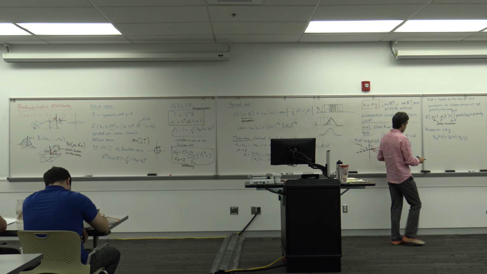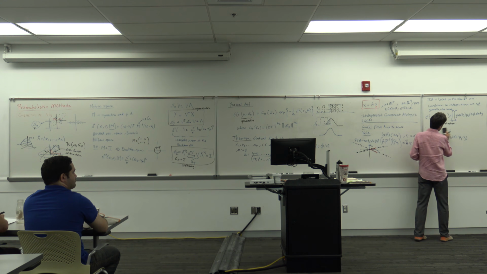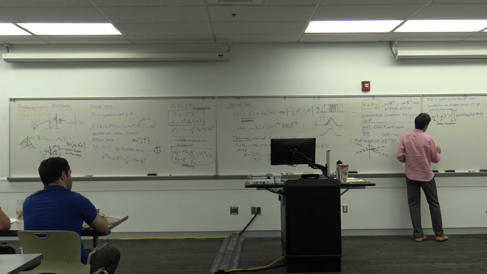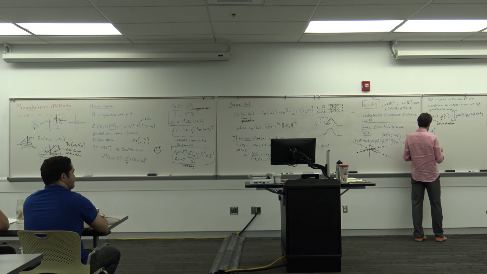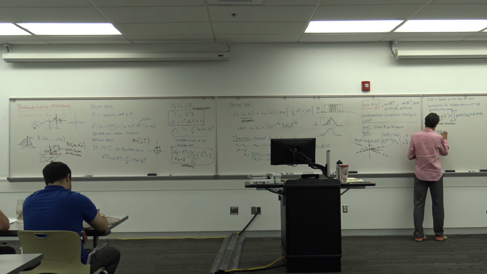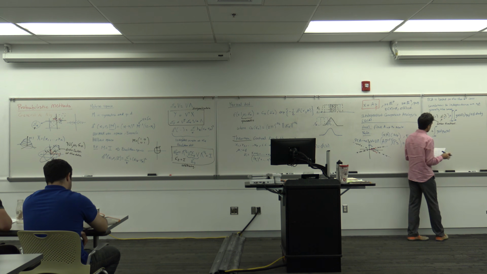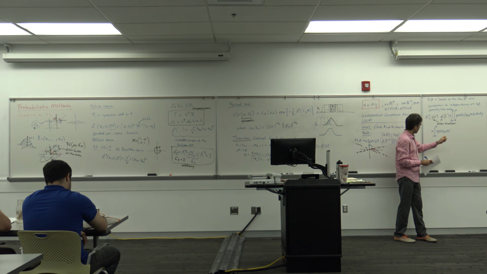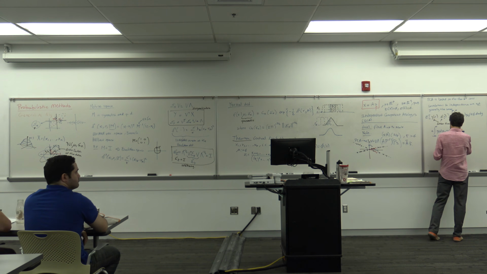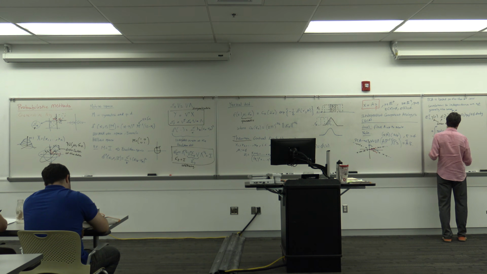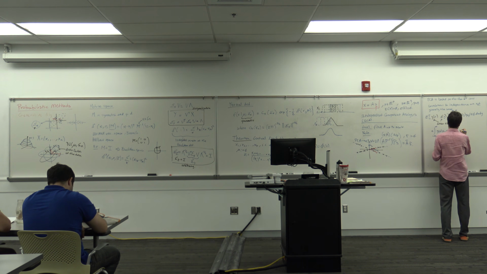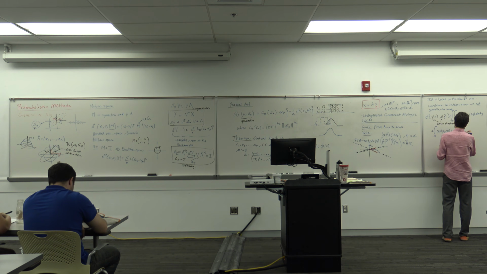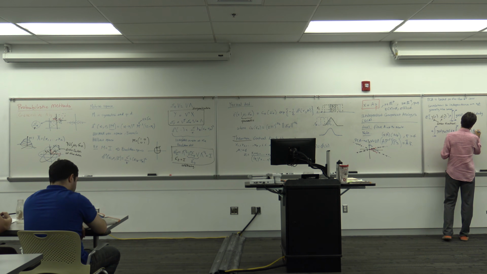And then, because these are independent variables, I can rewrite this as integrating g of x, px of x, dx, times the integration from negative infinity to infinity of f of y, py of y, dy.